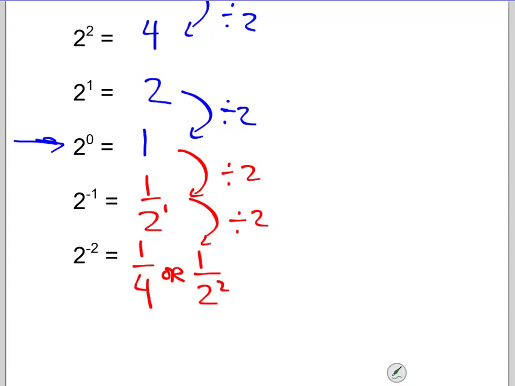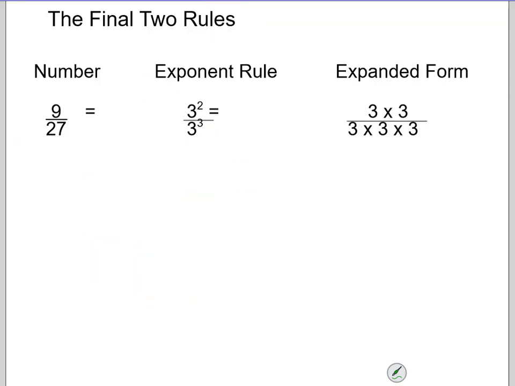Yay, last rule. Okay, so you'll notice this guy has a 1 as an exponent, so does this guy. This guy has a 2 as an exponent, so does this guy. What you should notice, though, is this 2 here is on the bottom. And this 2 here is on the top. Okay, so that's where we're heading with this last rule. So if we have something like 9/27, if we do the regular division, we would get 1/3 if we did lowest term fractions.